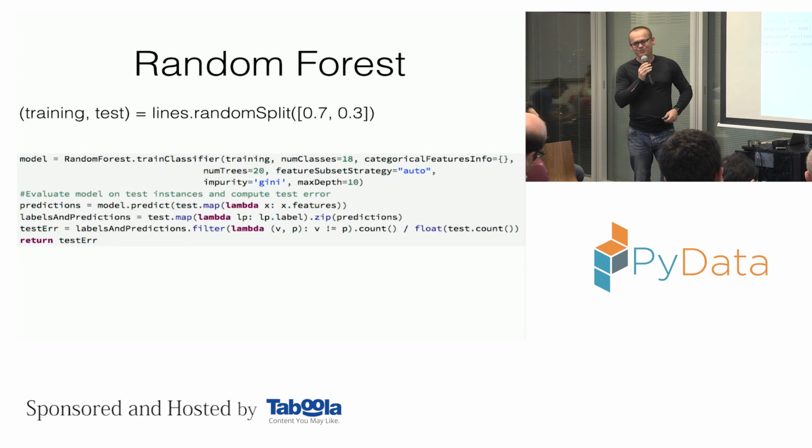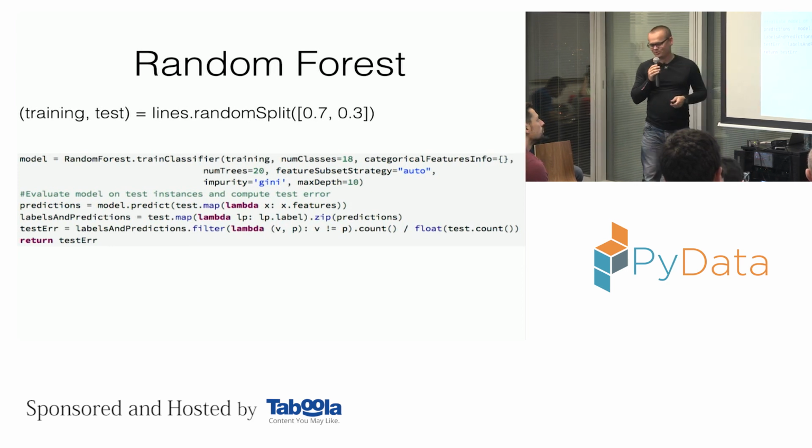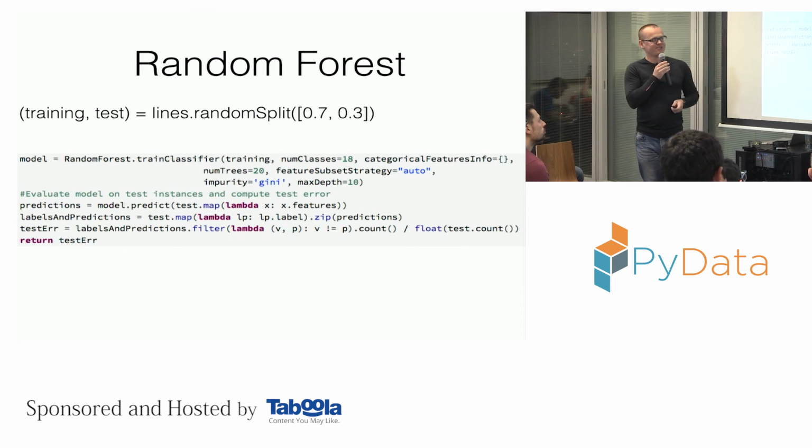Okay, my favorite, random forest. As you see, it has quite an impressive hyperparameters interface. Actually, there are even more hyperparameters that you can tune in the random forest. But basically, you must say the number of classes. You have to specify explicitly the number of trees.